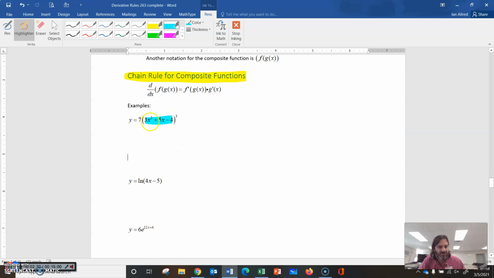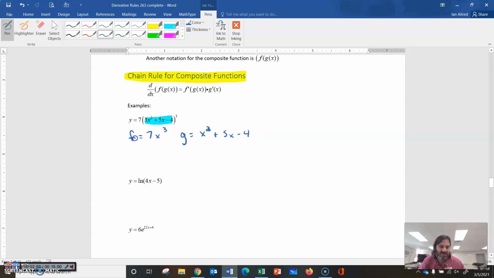If that was just one variable, like x, we could write it as 7x to the third and we'd feel okay. So let's make that our f. f is going to be 7x cubed, and what's inside there is the g. The g is x squared plus 5x minus 4.